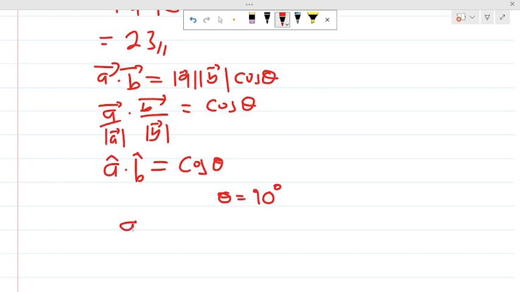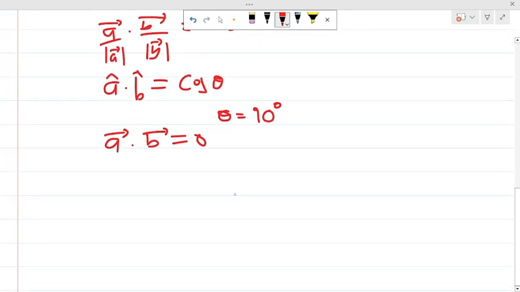And if two vectors are perpendicular, we can deduce from this formula that their dot product is equal to 0, since cos 90 is 0, it will multiply this, giving this expression to be equal to 0. So this is a property. If two vectors are perpendicular or orthogonal, their dot product should be equal to 0.